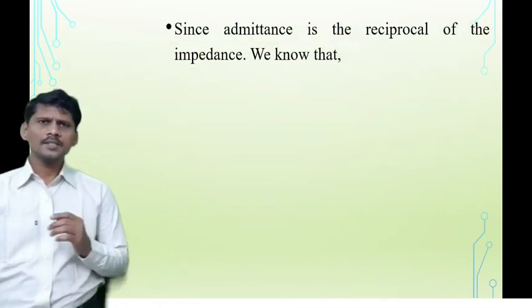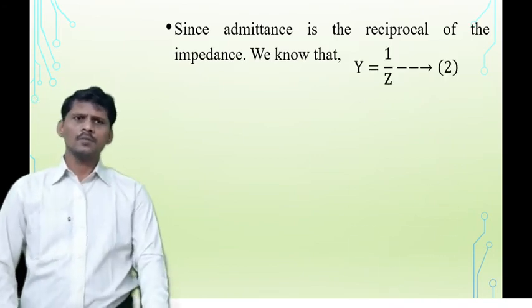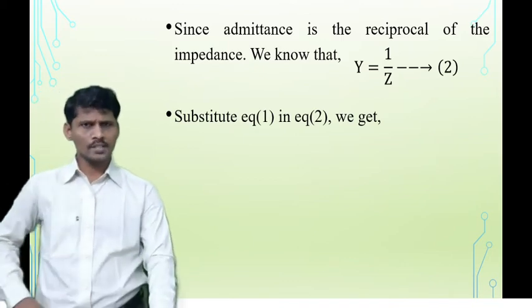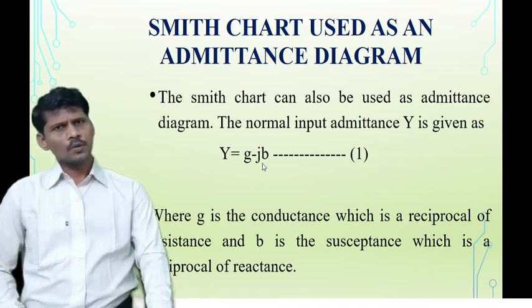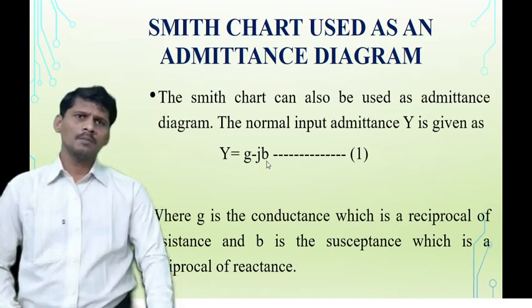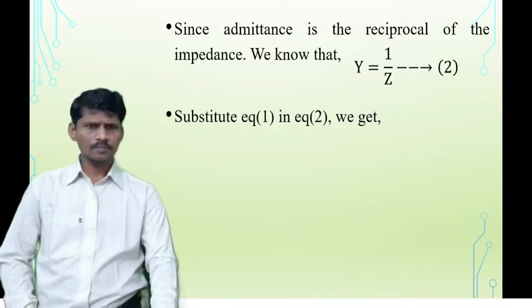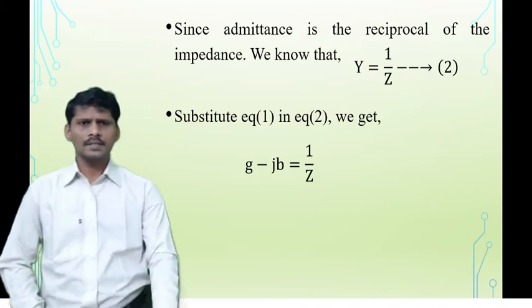Since the admittance is the reciprocal of the impedance, we know that the admittance y is equal to 1 by z. So from the above two equations, equation 1 is admittance y is equal to G minus jB, and admittance is the reciprocal of the impedance. From those two equations, we get G minus jB is equal to 1 by z.